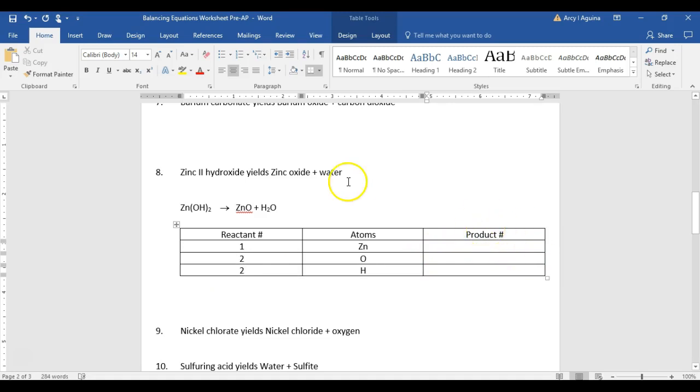On the product side, I have 1 zinc. I have 1 oxygen on this side and oxygen on this side, so I have 2. And then I have 2 hydrogen. And this one is actually already balanced, so we leave it alone.